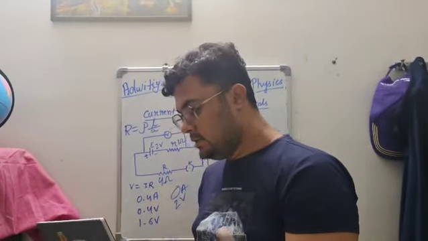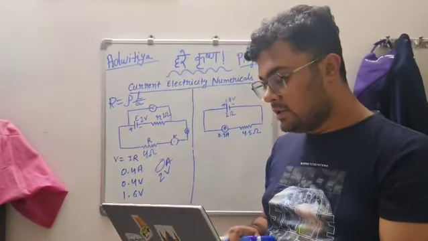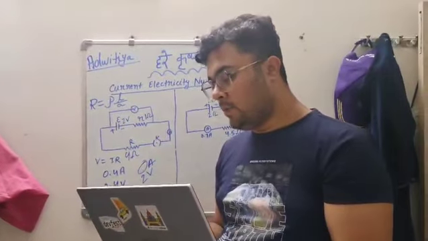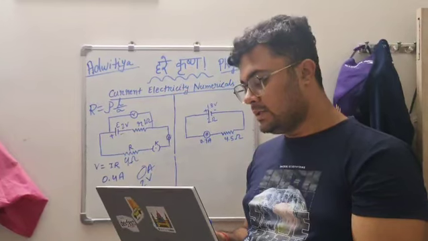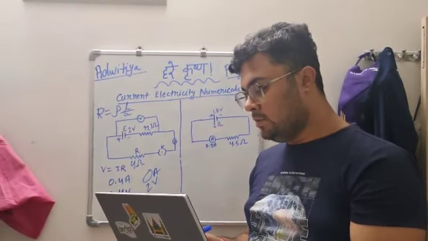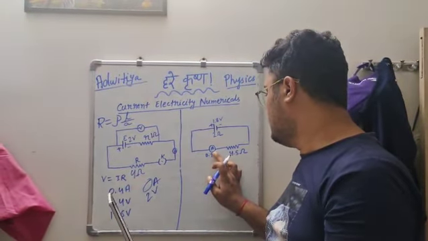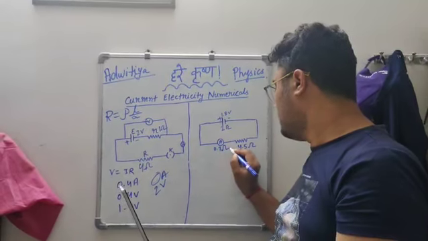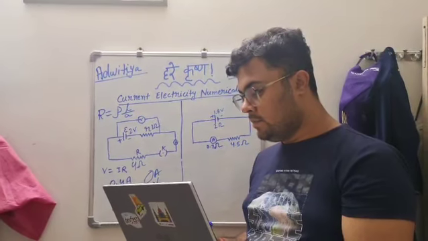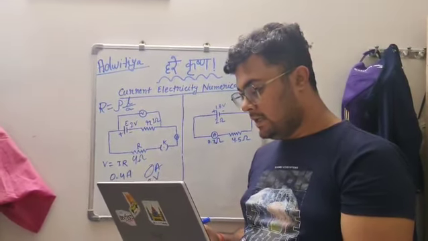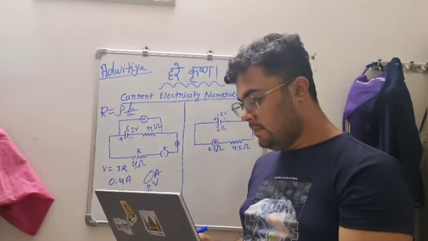The second question states: a cell of EMF 1.8 volt and internal resistance 2 ohm is connected in series with an ammeter of resistance 0.7 ohm and a resistor of 4.5 ohm, as shown in the diagram. What will be the reading of the ammeter?